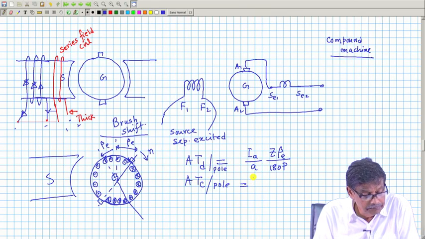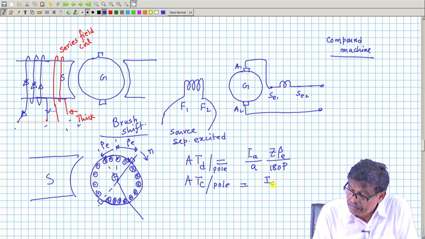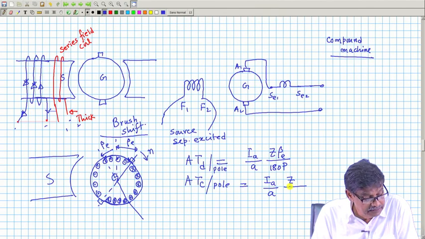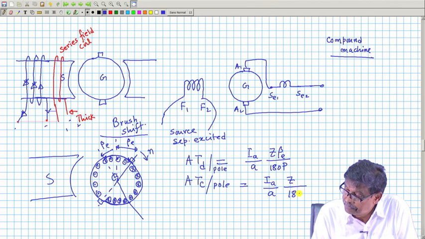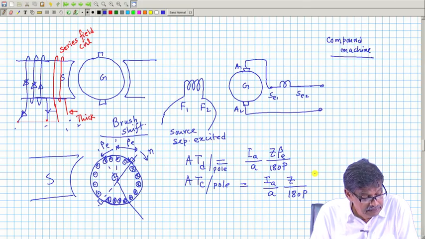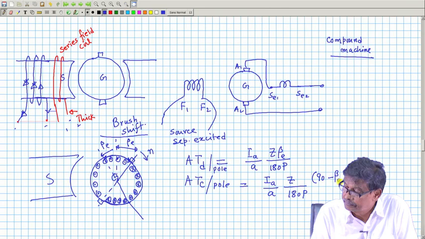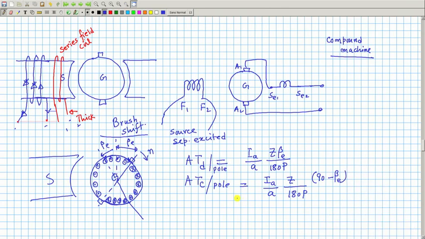Cross magnetizing ampere turns, I got it as I A by A into Z by 180 P into 90 minus beta. That is what we got last time.